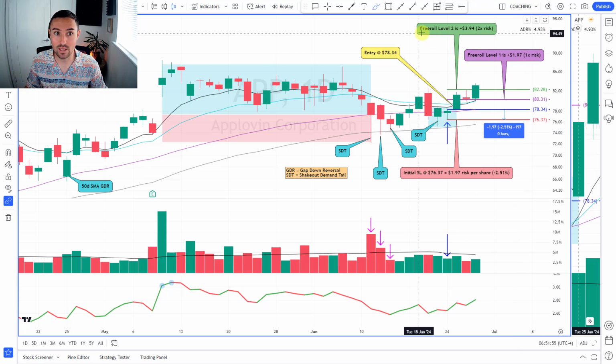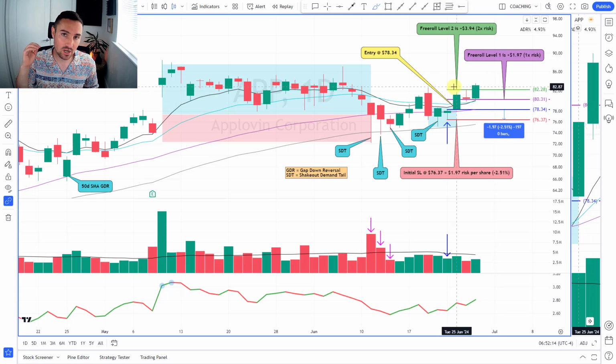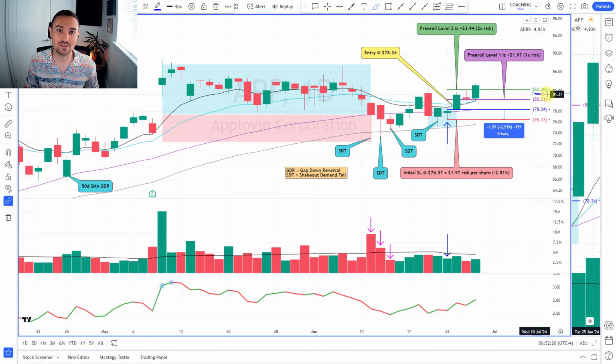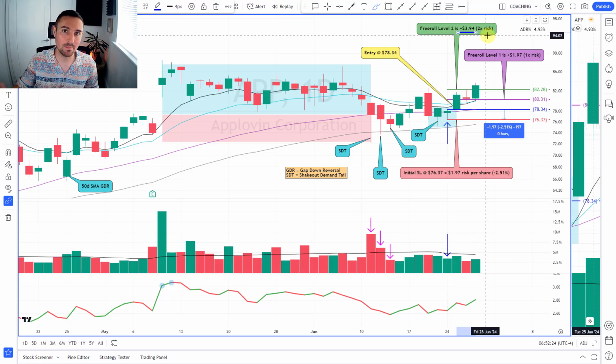Now what we could do as well is think about free roll level 2, which is 2 times our initial stop loss. So in this instance, 82.28 is $3.94 above your entry here at 78.34. If you were to sell 1/3 of your position, so if you bought 999 shares, if you were to sell 333 shares at $82.28, that would be $3.94 gain per share.